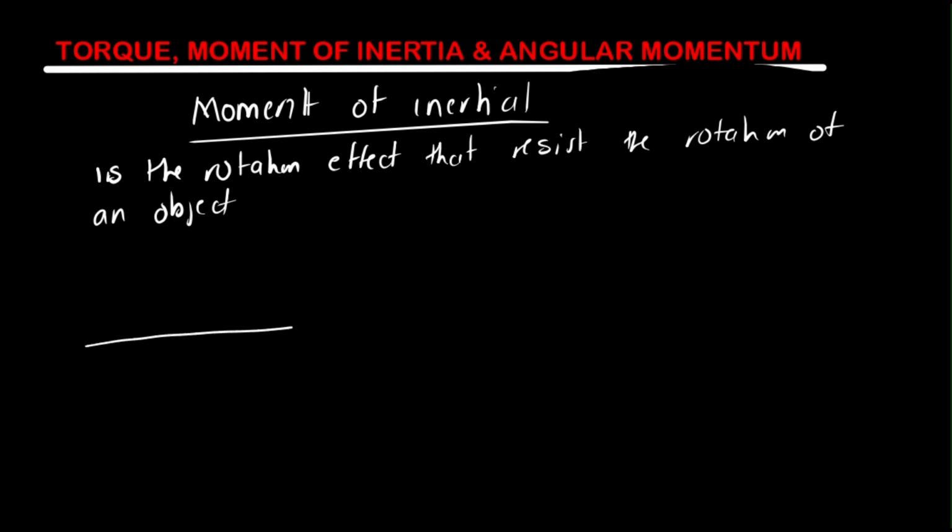Now, let's change to something again. We have the same object, but how we are rotating it has changed. Here we are rotating this object by using this part here.